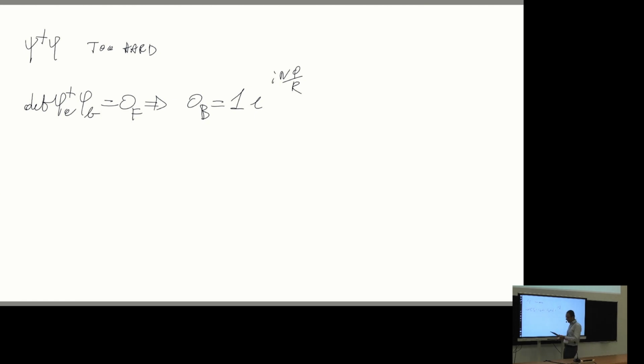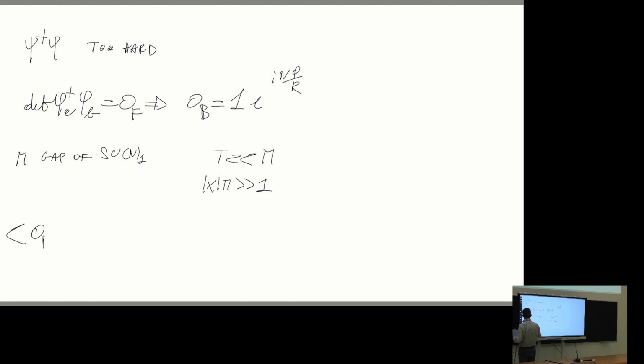And the specific limit is this one. So if you call M the mass gap of the SU(N) sector, okay, in this specific regime we can do the computation. So T for small temperature and large distances. Okay, the two-point function of this operator O_F here behaves in the following way.